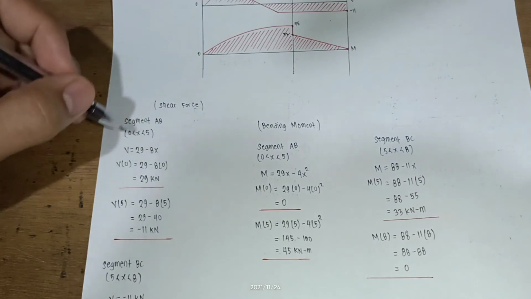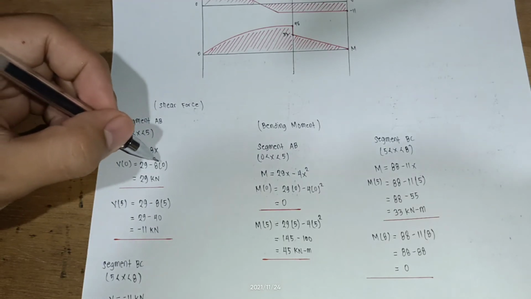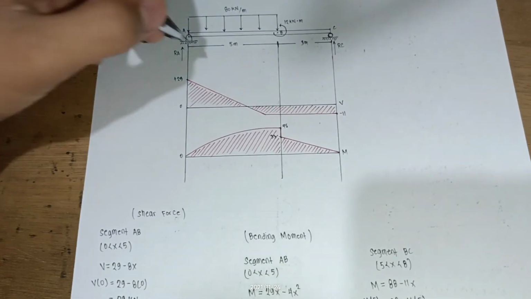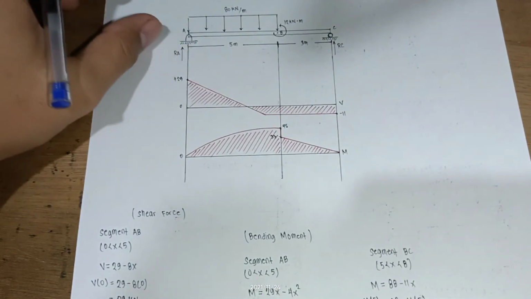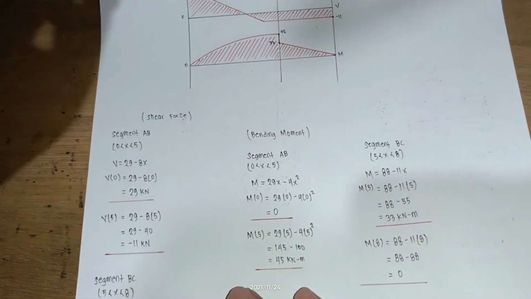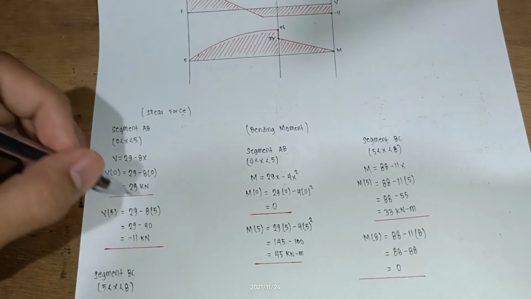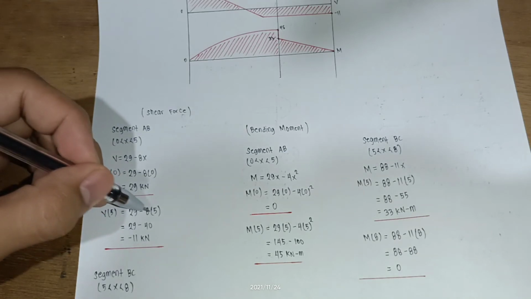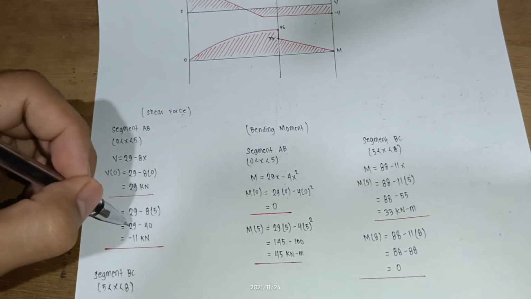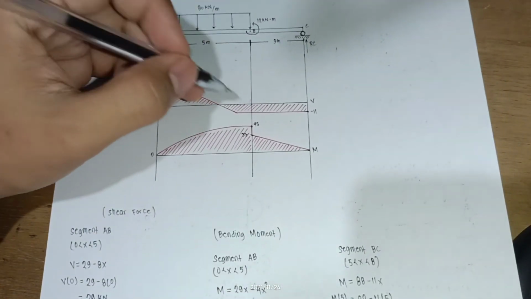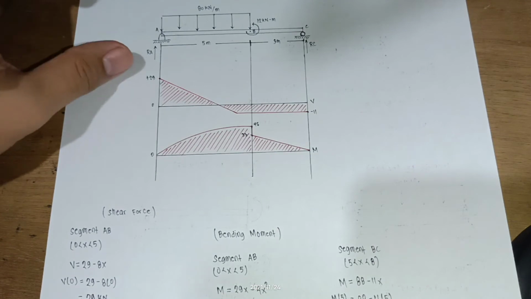Substituting x equal to 0, 29 minus 8 times 0 gives you 29 kilonewtons. And substituting x equal to 5, that is 29 minus 8 times 5, that is negative 40. So 29 minus 40, that is negative 11 kilonewtons.